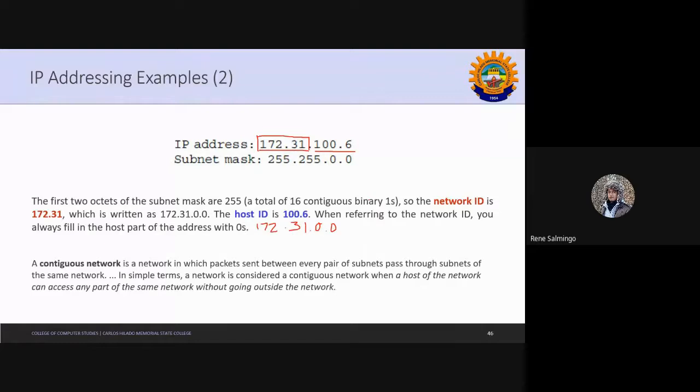So that is your network ID given the following question. And the host ID is the last contiguous address of your Class B IP address.